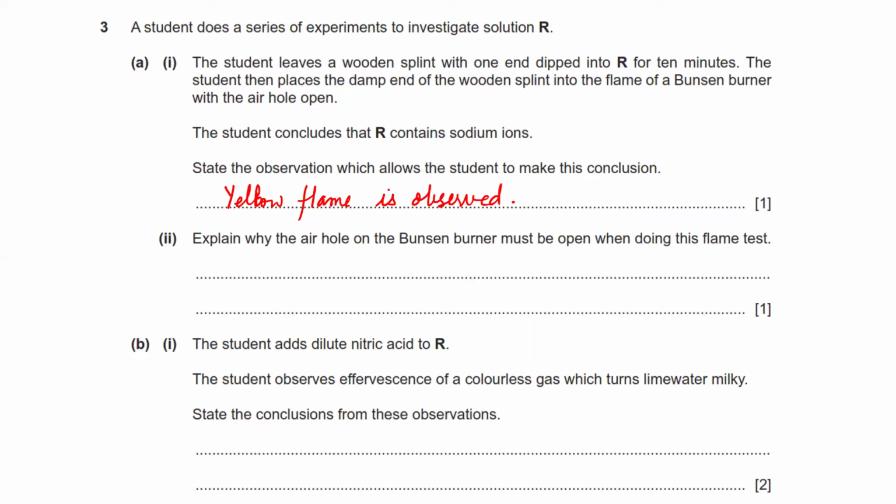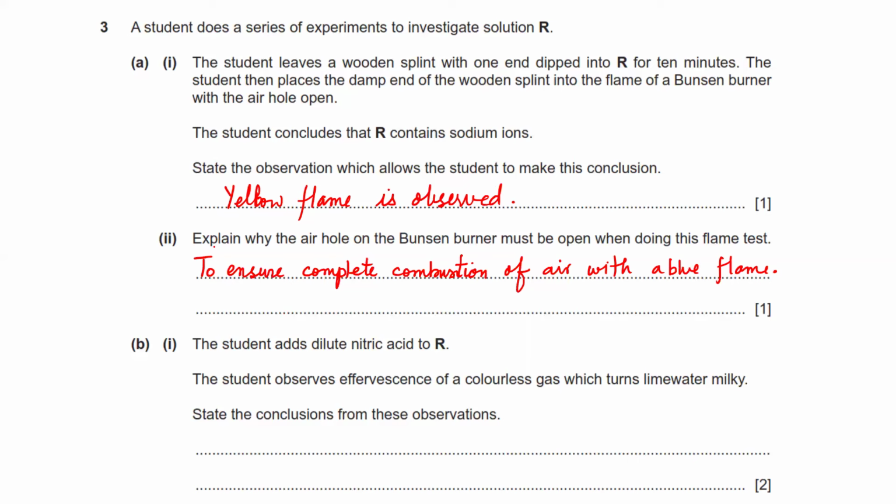Okay. Then part 2, it says explain why the air hole on the Bunsen burner must be open when doing this flame test. So basically, to ensure complete combustion of air with a blue flame. Okay, reason, because why do we need a blue flame?